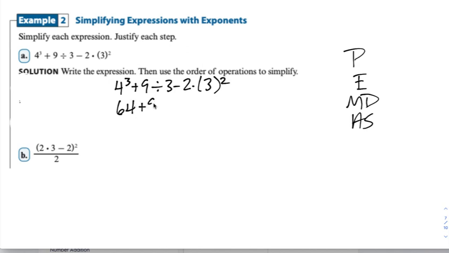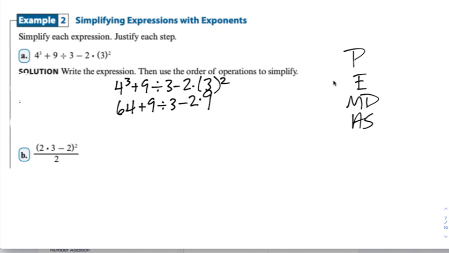I'm going to just rewrite everything else except when I come to the next exponent. So this is 3 to the 2nd power, which is 9. Notice I just rewrote everything with exponents and I simplified only that. This 2 only belongs to the 3 and this 3 only belongs to the 4. So that's the only thing that is affected when I'm raising those things to those powers.